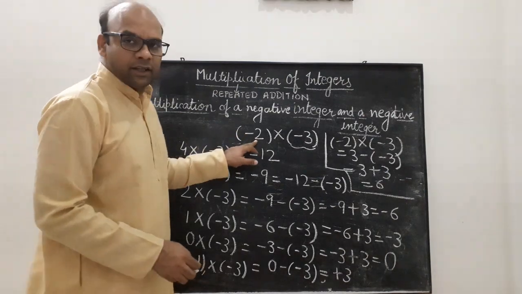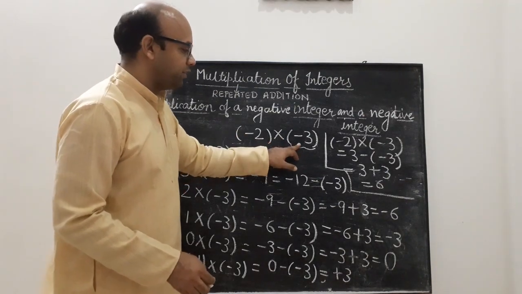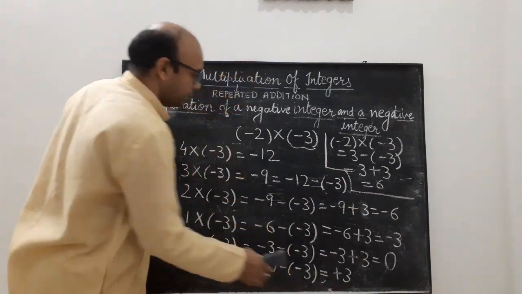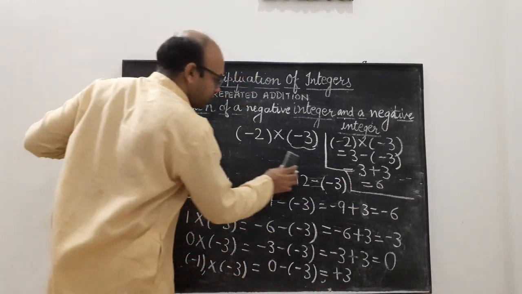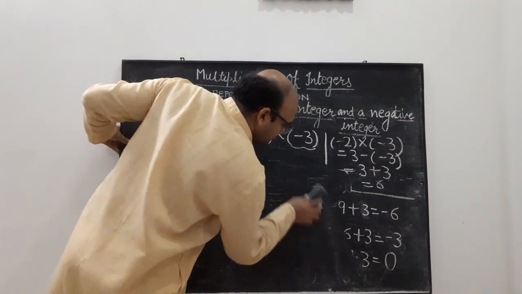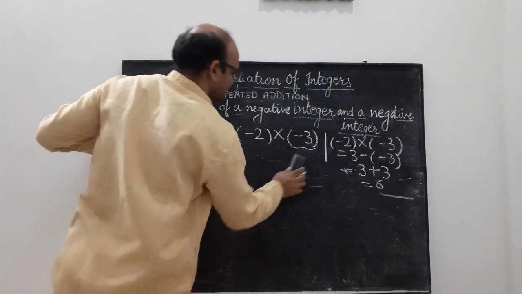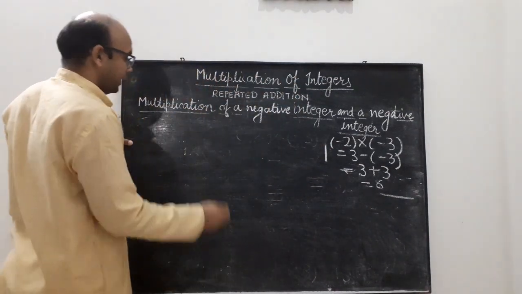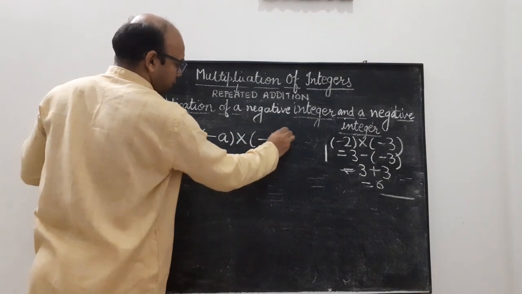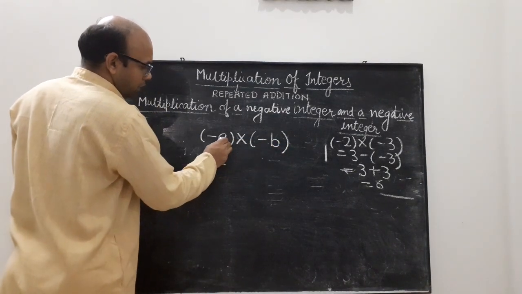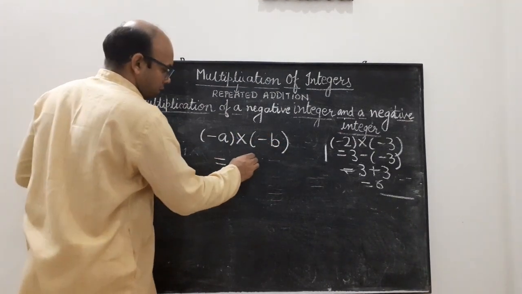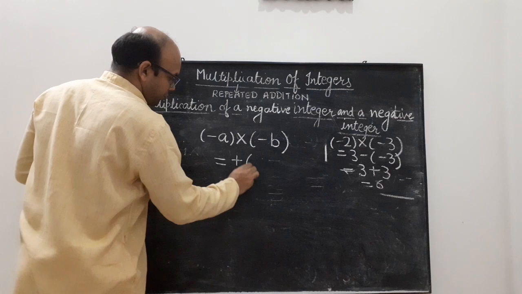So what we see is, if you are multiplying any two negative integers, the outcome is coming out to be positive. Now if we want to generalize this, we can have minus a into minus b is actually equal to, what we do is we multiply these two integers as whole numbers and we put the positive sign.